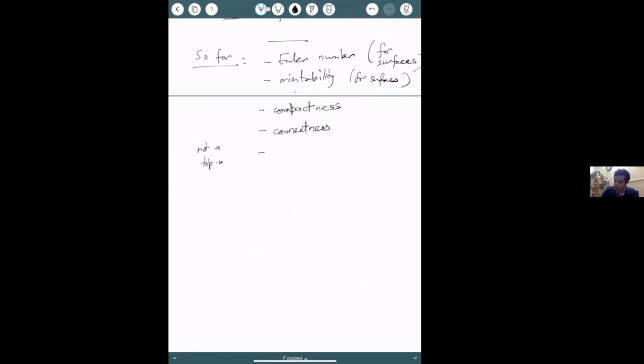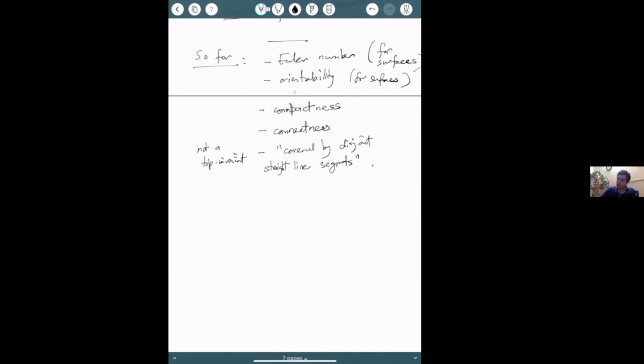What is not a topological invariant? The property of being covered by pairwise disjoint line segments, straight line segments. Why is this not a topological invariant?